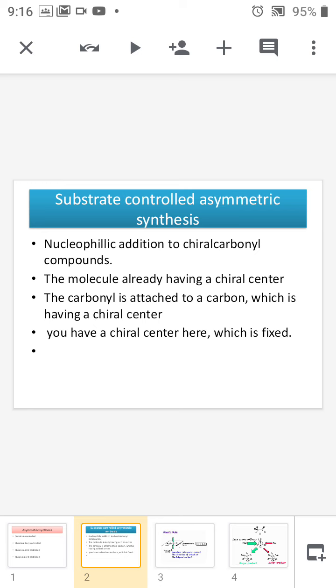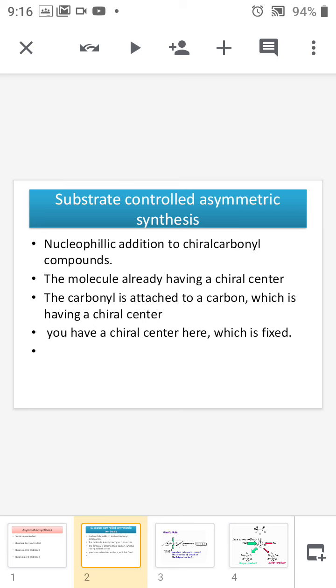That means our starting material is optically active, but our reaction center is in the carbonyl group, and we are adding a nucleophile at the carbonyl site only.